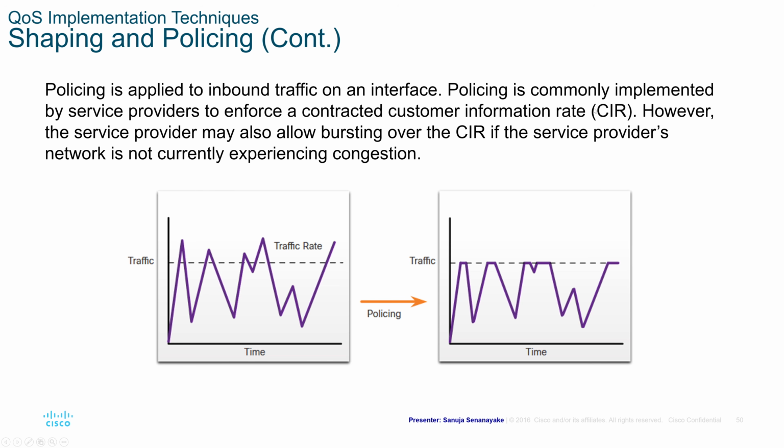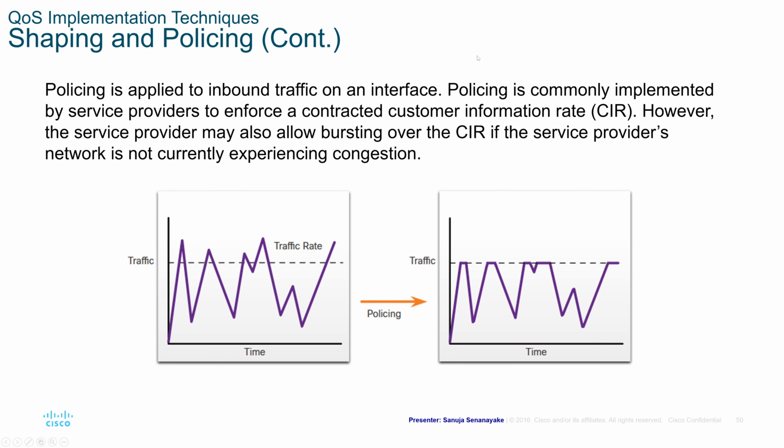Policing is commonly implemented by service providers to enforce a contracted customer information rate, also known as CIR. However, the service provider may also allow bursting over the CIR if the service provider's network is not currently experiencing congestion.